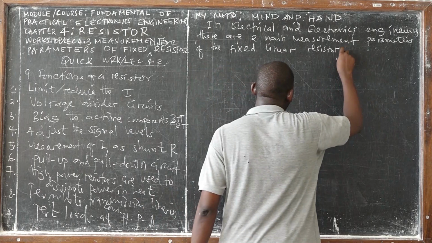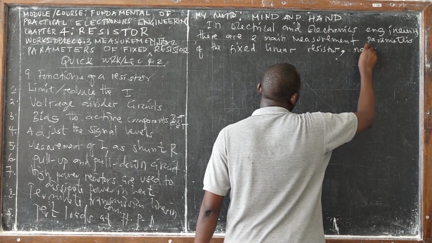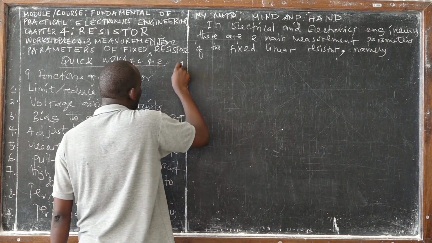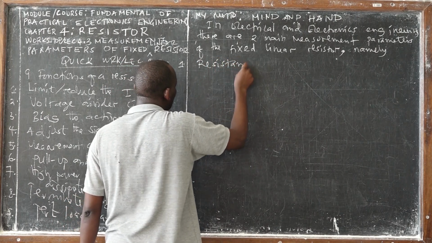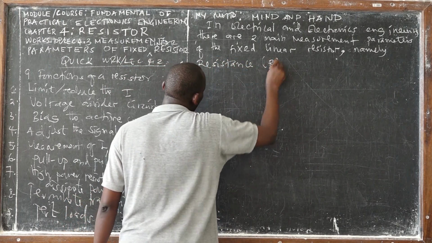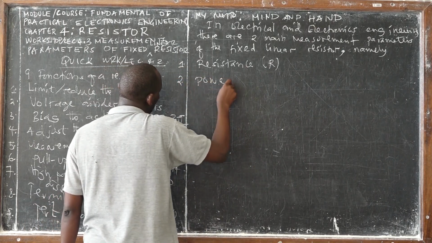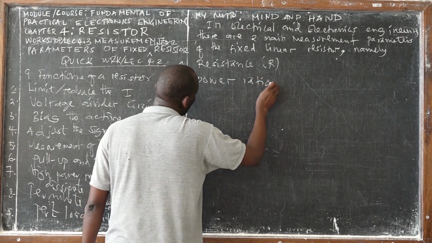And these two measurement parameters, namely, the first one is called the resistance, which uses symbol R. And the second one, we call it the power rating. So this is the correction of the second question in the homework.